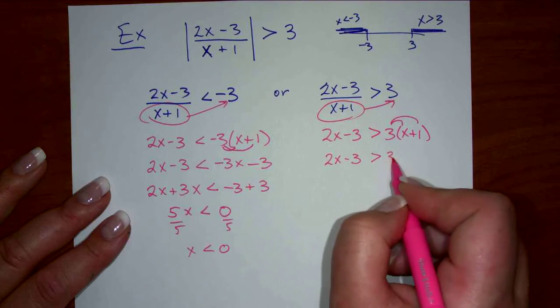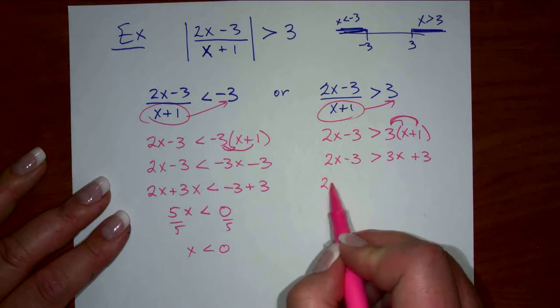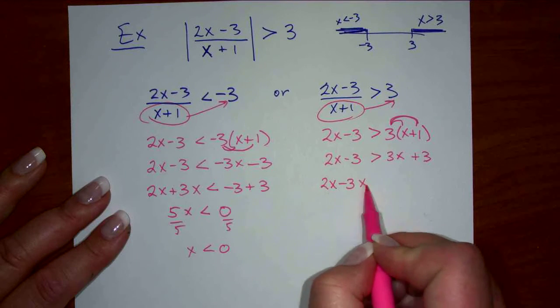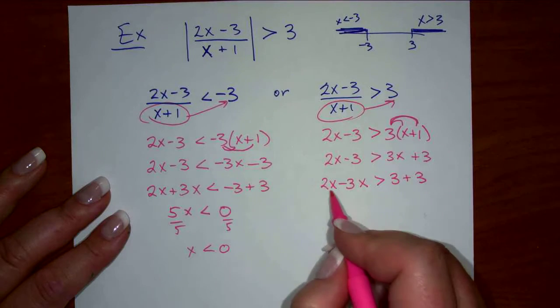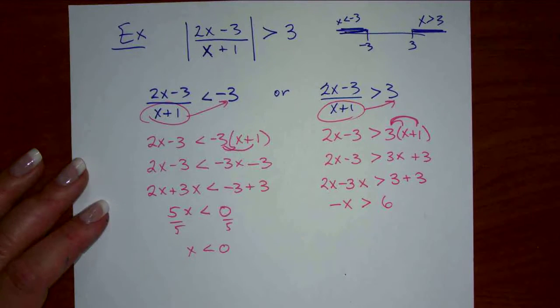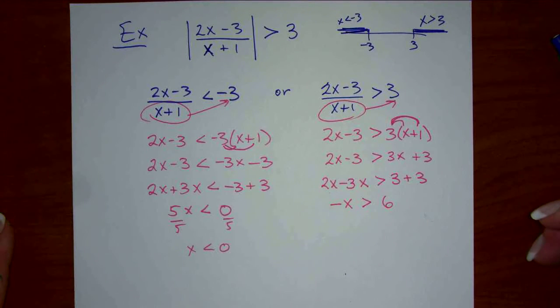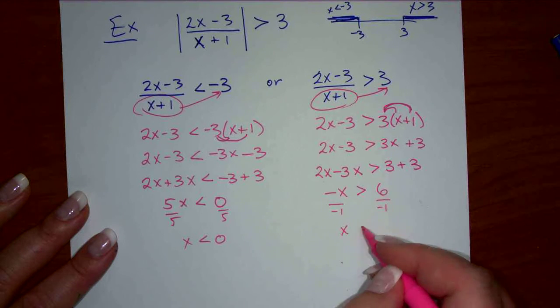Three times x and 3 times 1. 2x minus 3x is minus x. Divide by a negative, that's right. So x is, switch that sign, less than minus 6.